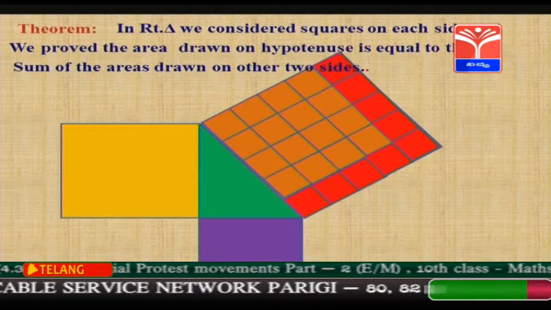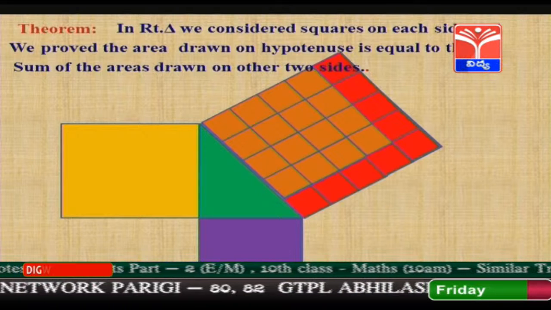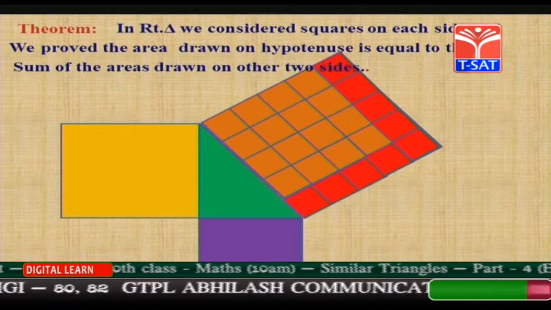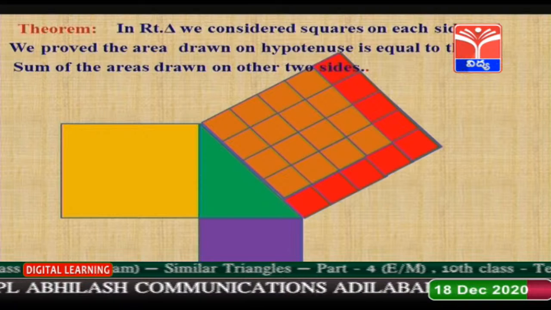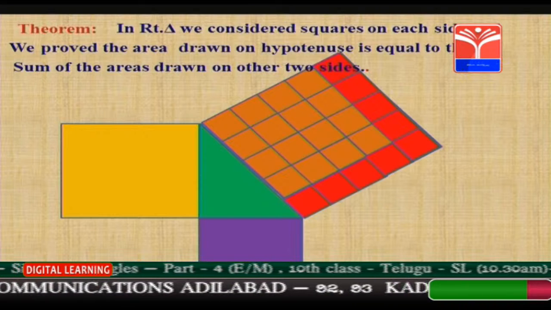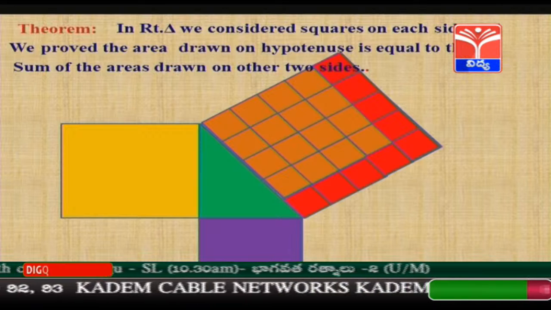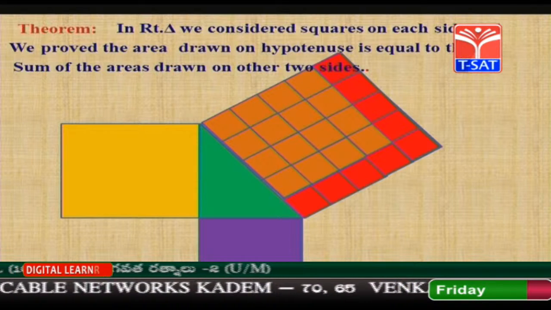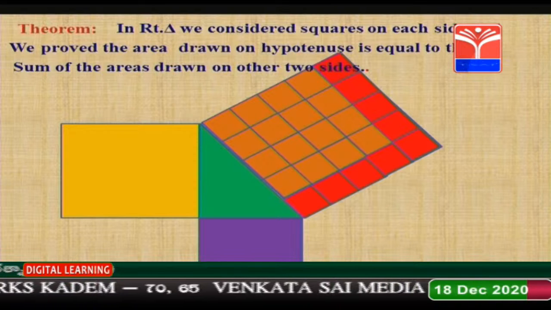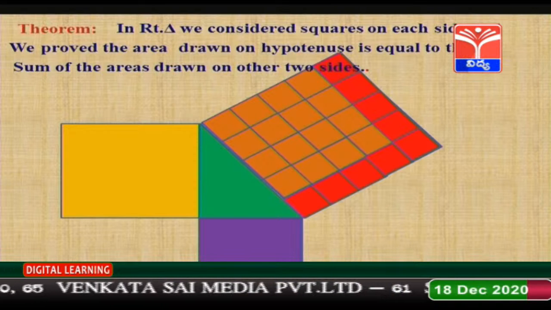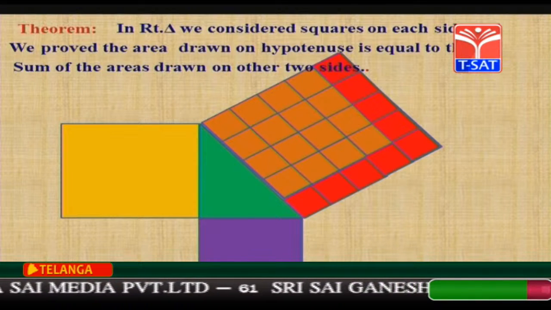See, exactly it fits the entire area of the square. Therefore, we can say that the area of the hypotenuse square is equal to the sum of the areas drawn on the other two sides exactly. Now, let me prove it theoretically as given in your textbook.